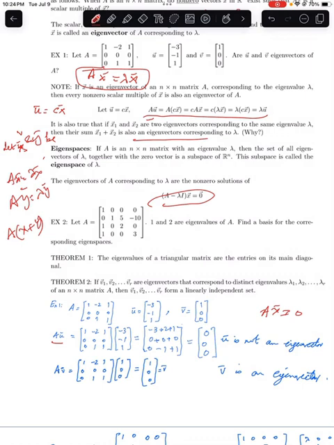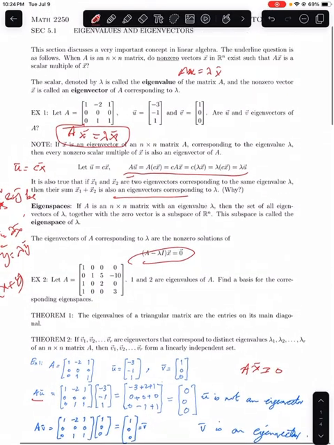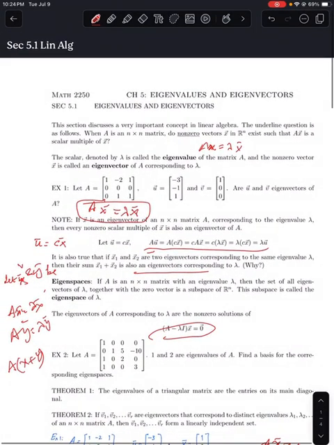So either we can say this is not an eigenvector, or we can say that the only eigenvector of this matrix is 0, 0, 0. But is that allowed? No, this is not an eigenvector. Why? Because remember in the beginning we said non-zero.